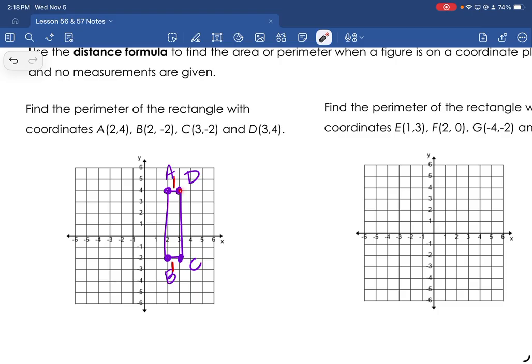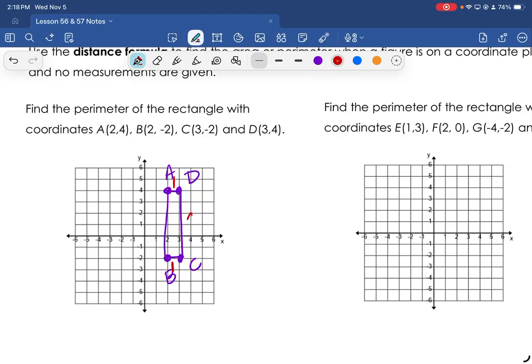And then this is 1, 2, 3, 4, 5, 6 units. So I'm going to put a 6 here and a 6 here. So the perimeter of the rectangle is 1 plus 1 plus 6 plus 6, which is equal to 14.